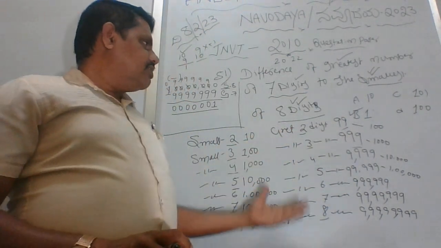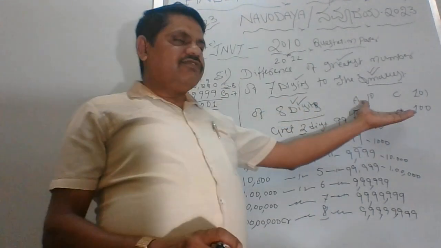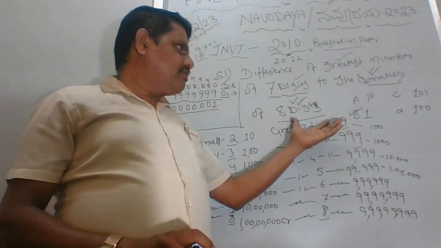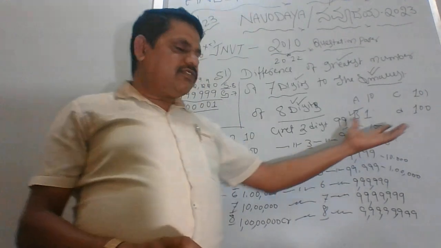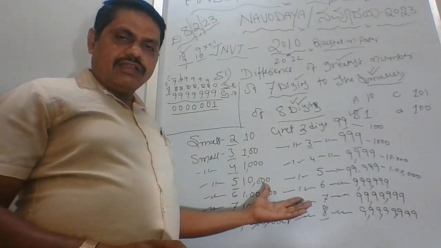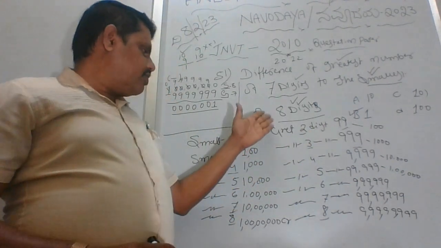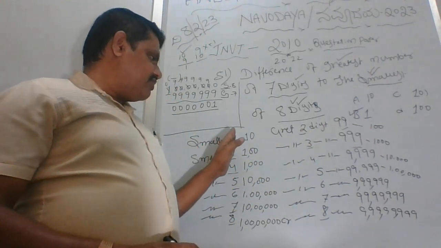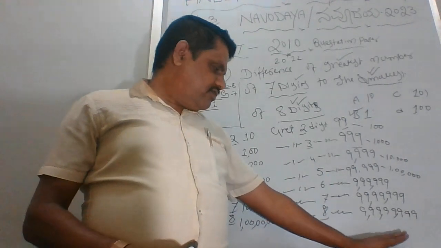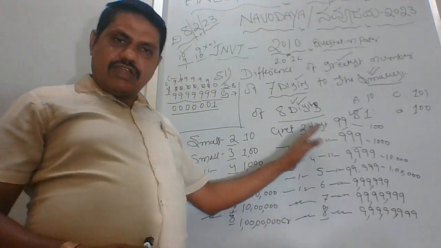That's why I have mentioned it here, answer is here, option is here. What you can do is write the question first, write the option next, and just write the detail from smallest digit to 8 digit. You can write at the top the smallest digit starting from 2 to the greatest digit ending with 8 numbers.